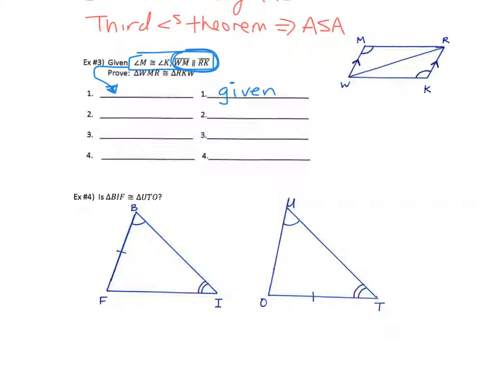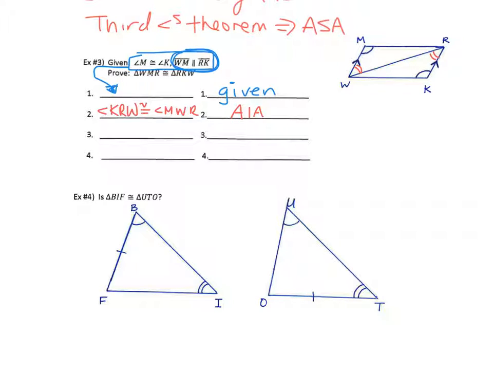But they didn't tell us those lines. Okay? Okay, so what we need to say is that angle KRW is congruent to angle MWR. And why was that again? Alternate interior angles. Okay?